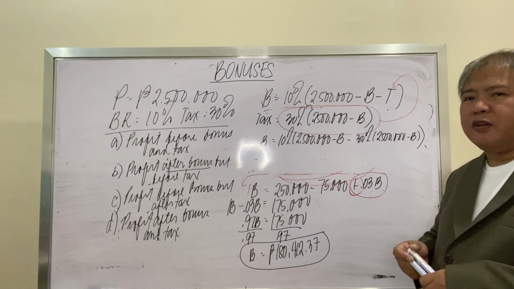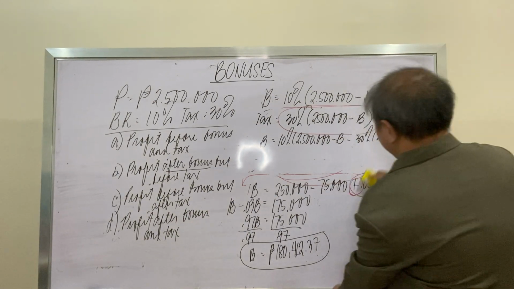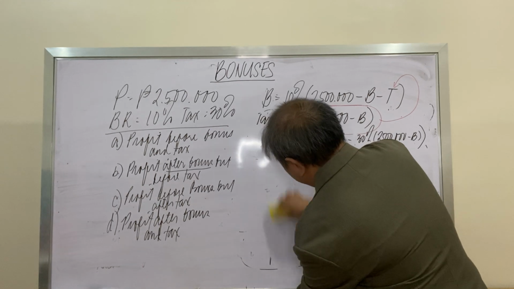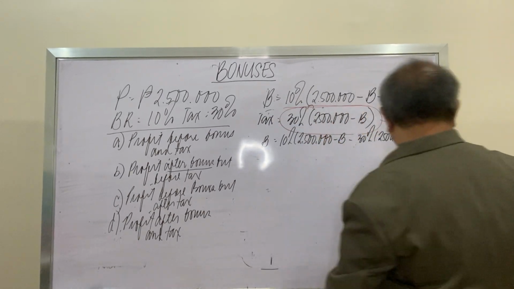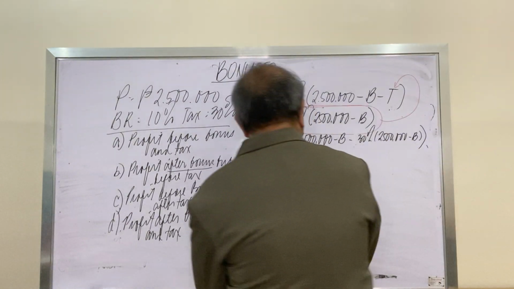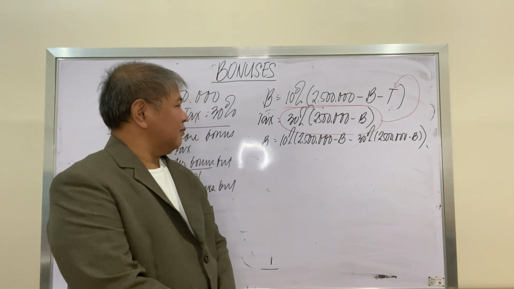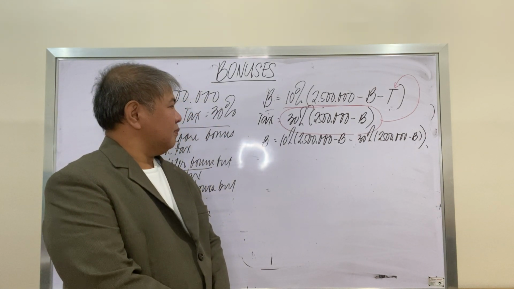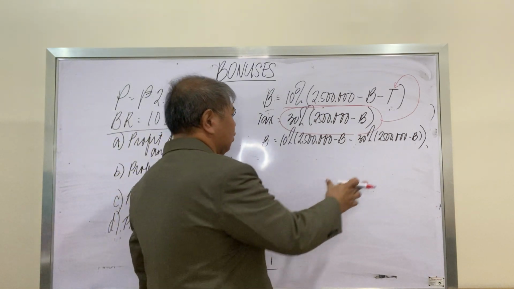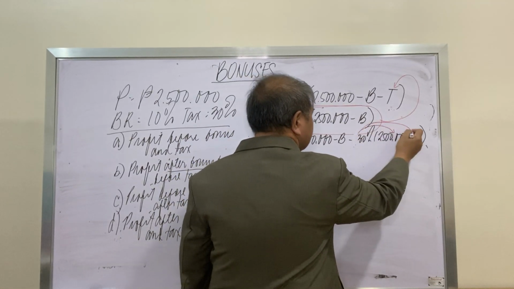Okay, I'll give you like 10 seconds to work on this formula while I clean up the board, please. Okay, let's try to solve. Again, we work from the inner side, so we distribute the 30%.